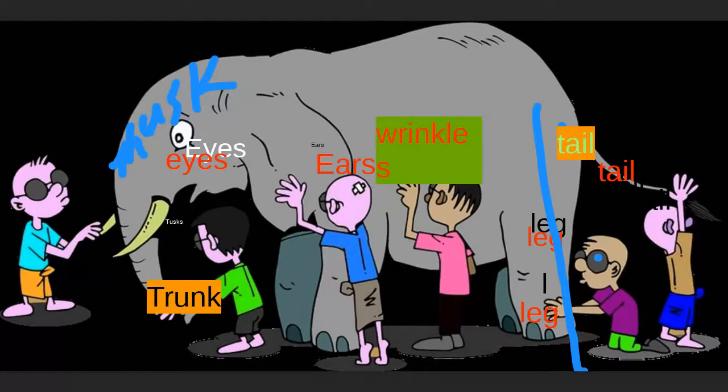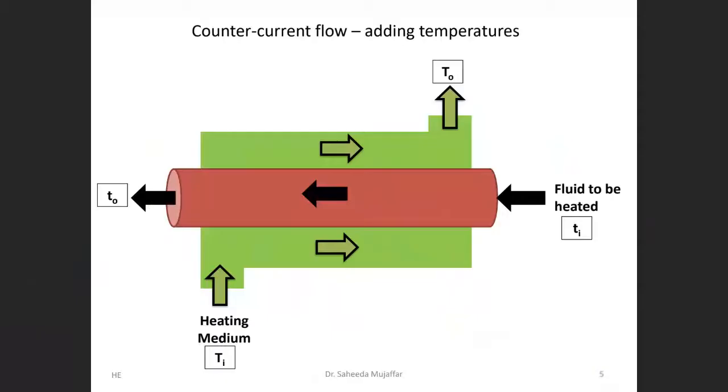So go ahead and click another file. Good. Counter current flow. Right. And this is a good example where you could let students put annotations on a particular diagram. Let's say, for example, you didn't have T1 and heating medium and so on.